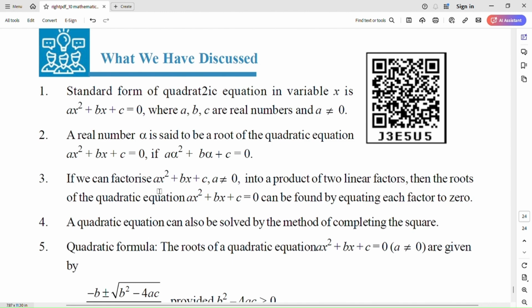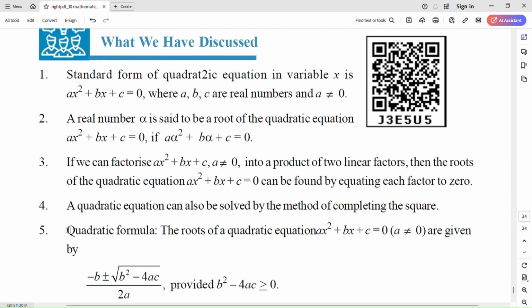If we can factorize ax square plus bx plus c into a product of two linear factors, then we can find the roots of the quadratic equation. The quadratic equation can also be solved by the method of completing the square. This is the second method of finding.